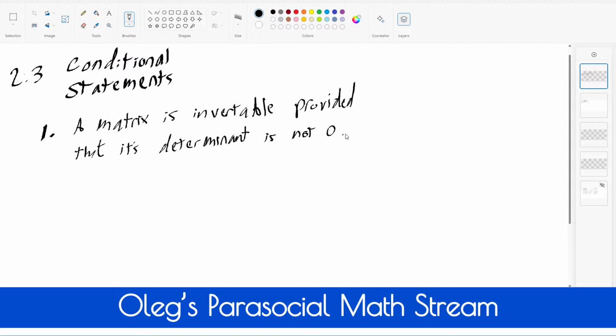A matrix is invertible provided that its determinant is not zero. So we look for the word provided or necessary condition. A matrix is invertible. Okay, we can say Q is a necessary condition for P, I suppose. Provided, let's see here, the determinant is not zero.